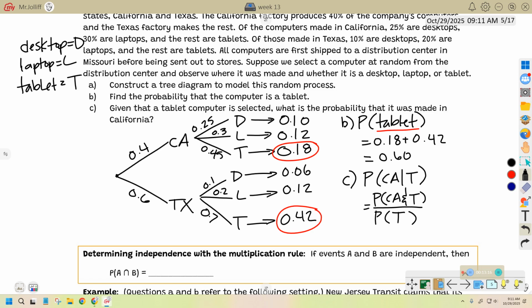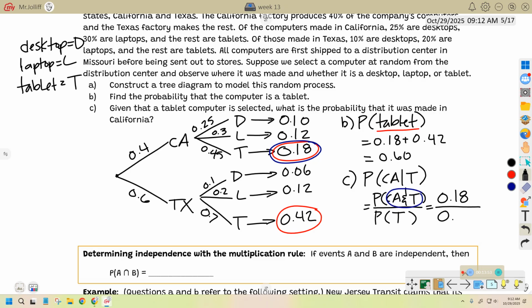We have both of those numbers. Where is California and tablet in my tree diagram? 0.18, yeah. California tablet, that's both. So I know the numerator is 0.18. What's the probability that I select a tablet at random? 0.6.